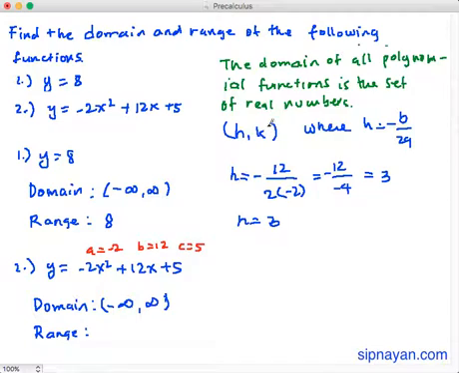Paano natin kukunin yung k? Yung k kailangan natin kasi yun yung y coordinate niya. So, para makuha yung y coordinate niya, we have to substitute. I-substitute natin yung 3 dun sa x.